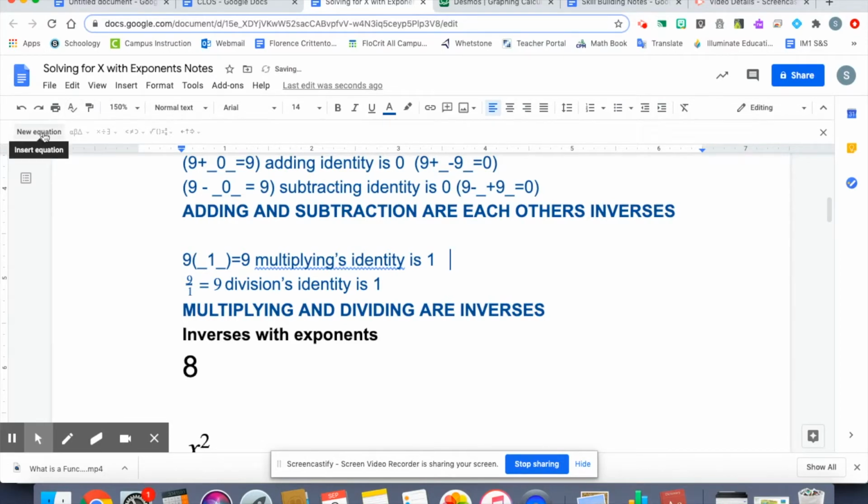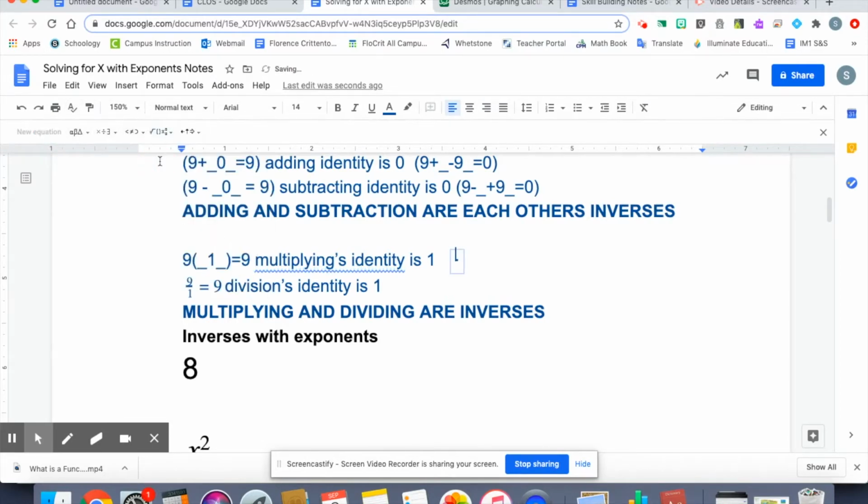But this will make a lot more sense if I turn it into fractions. So remember, 9 is the same thing as 9 divided by 1. And if I multiply it to some number, some fraction actually, we're going to make sure it's a fraction still, the answer should equal 1. Well, remember, a fraction that is equal to 1 means it's the same on top. Whatever is on top needs to be the same on bottom. Because if it's the same on top and bottom, the answer is 1.